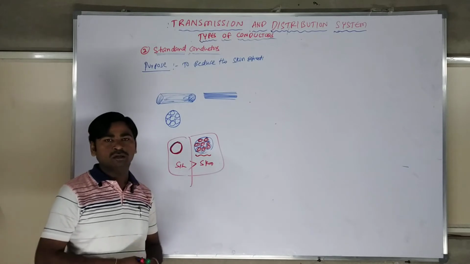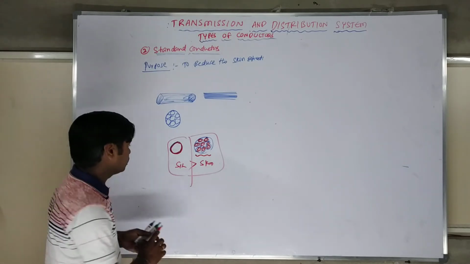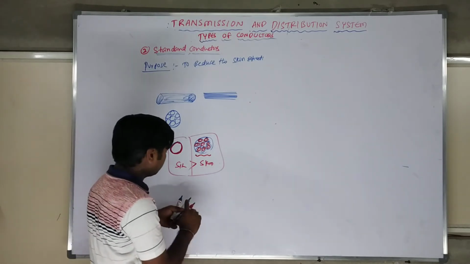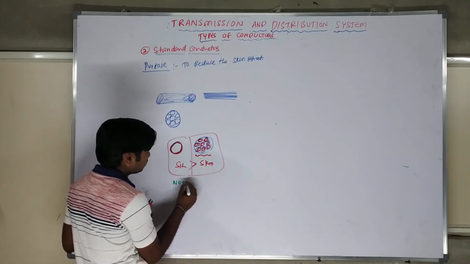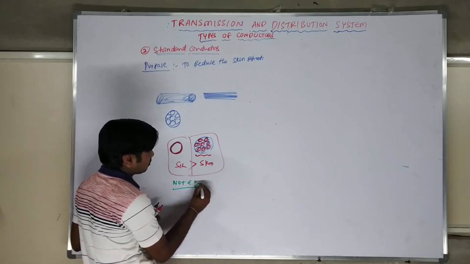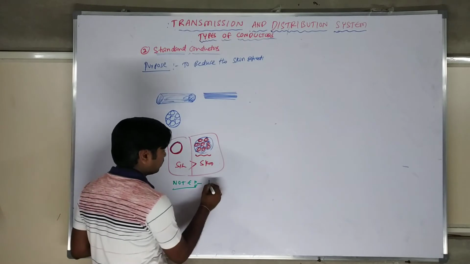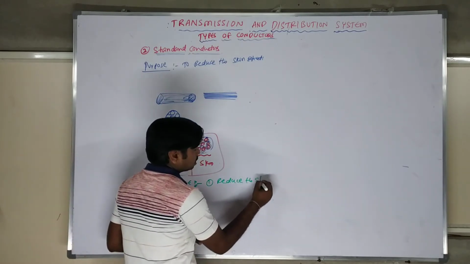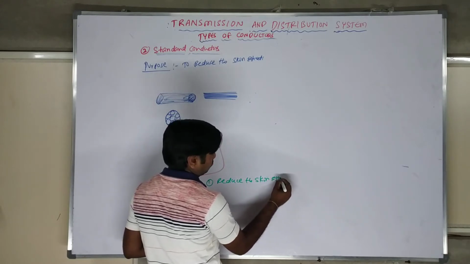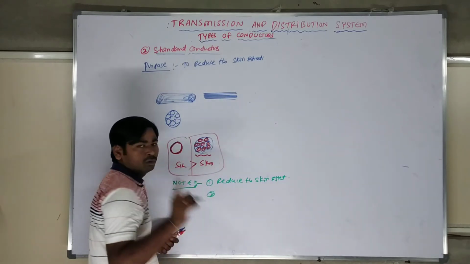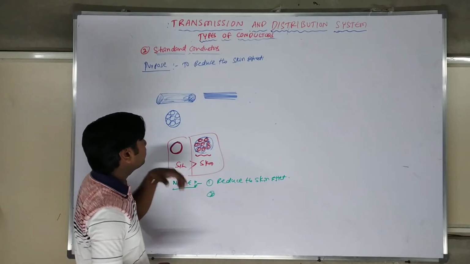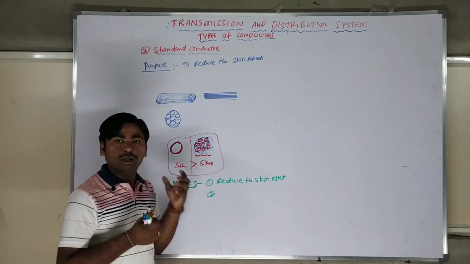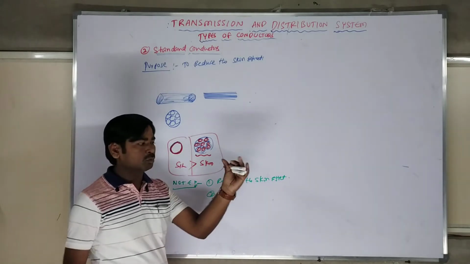In the stranded conductors, we have two important note points. Note number one is that it reduces the skin effect. But we are losing one thing actually. If you take a solid conductor, the mechanical or tensile strength is very strong.